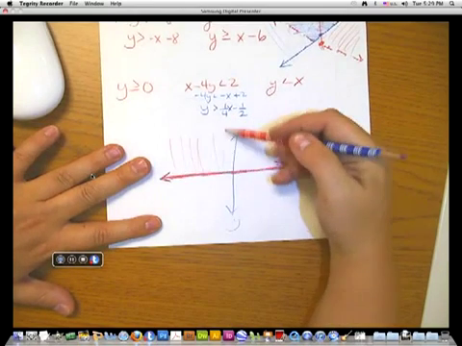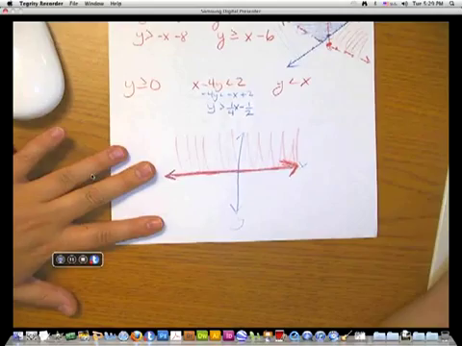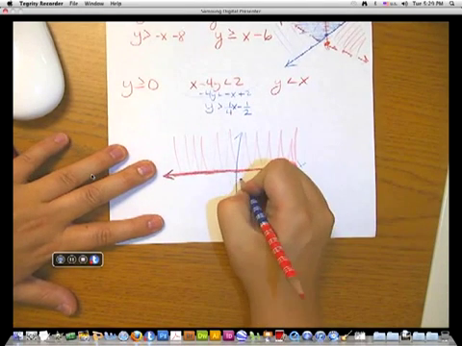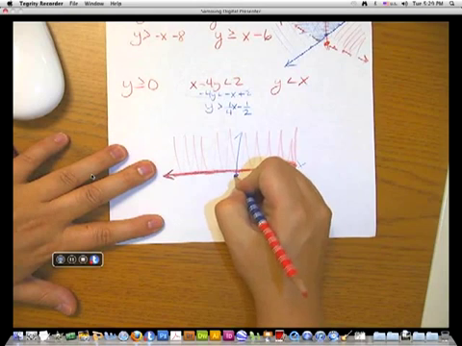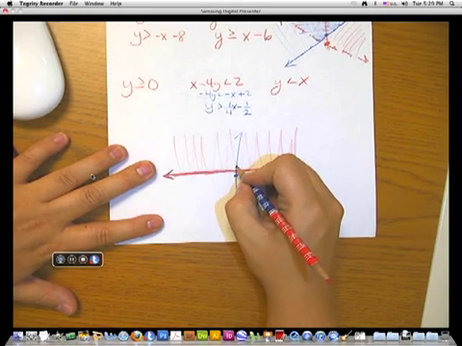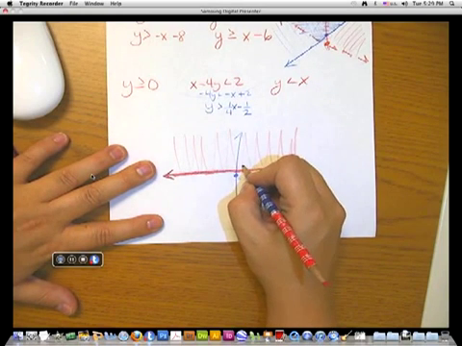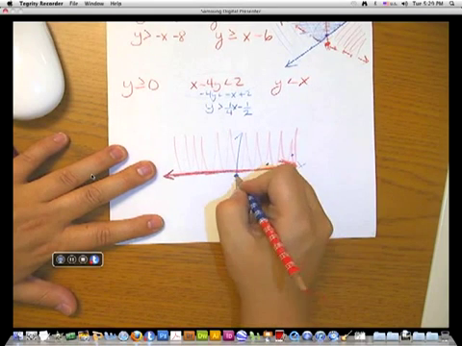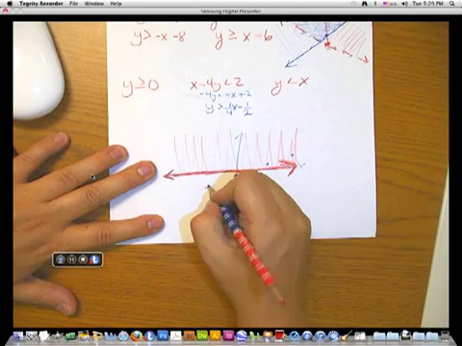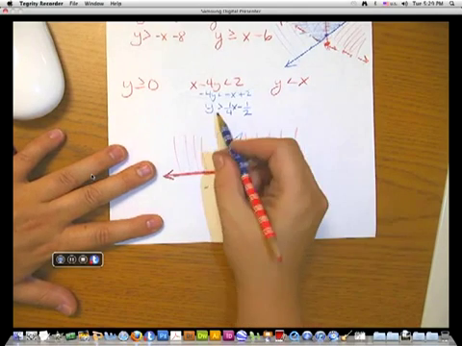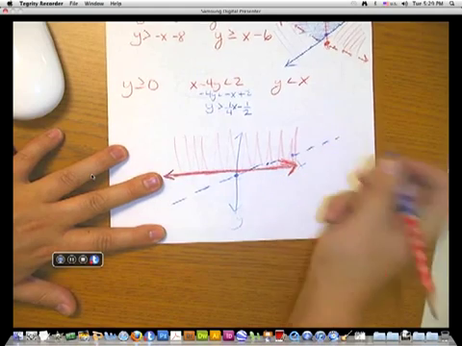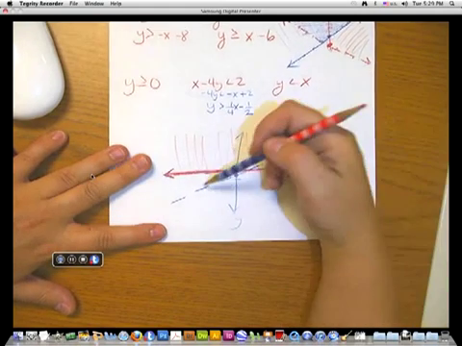And greater is above. Then I have 1/4 x, and I'm rising 1 and running 4. So 1, 2, 3, 4, and reverse it. Make sure I have a long enough line. It is going to be dashed, and I am above.